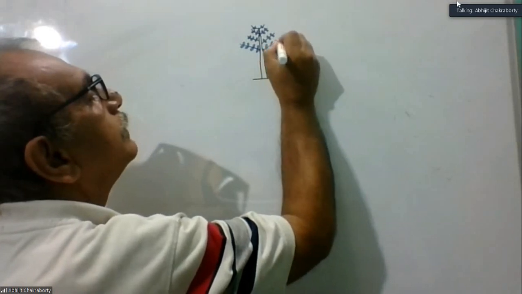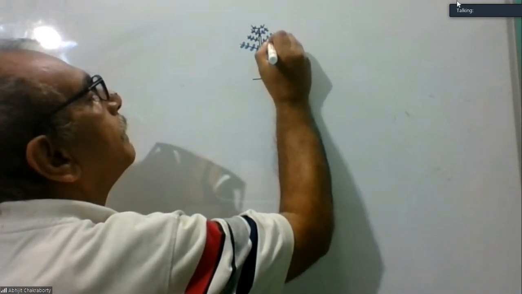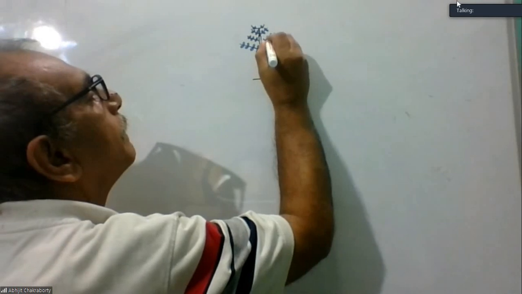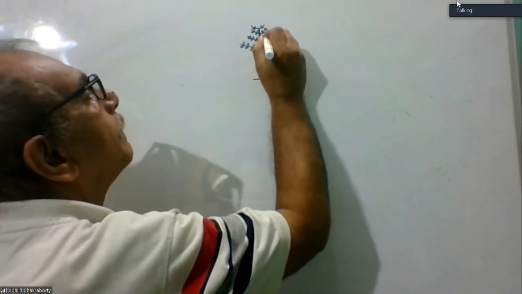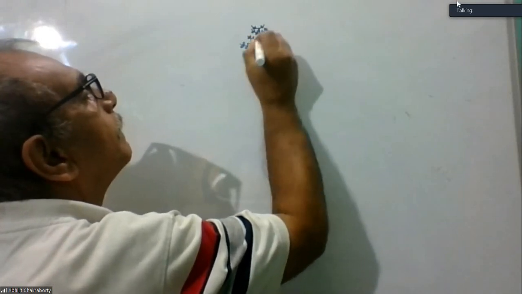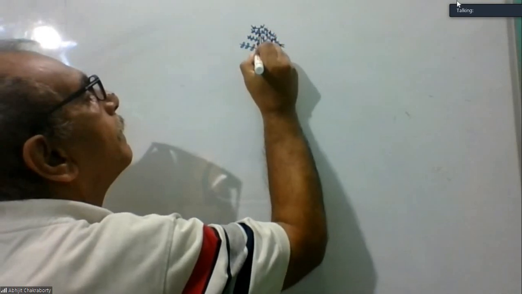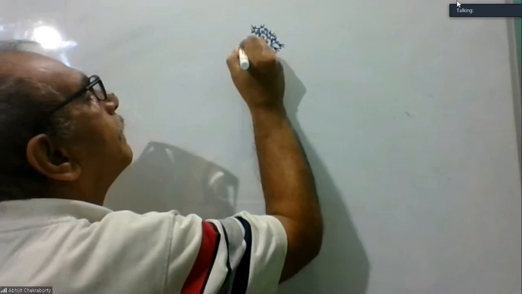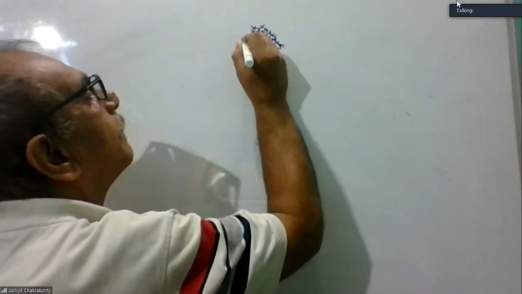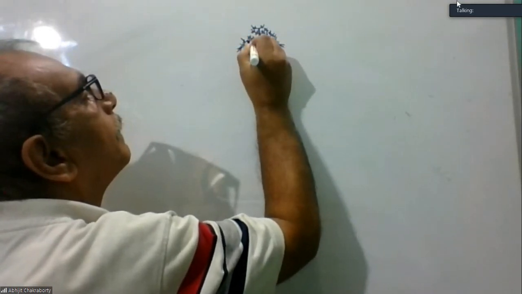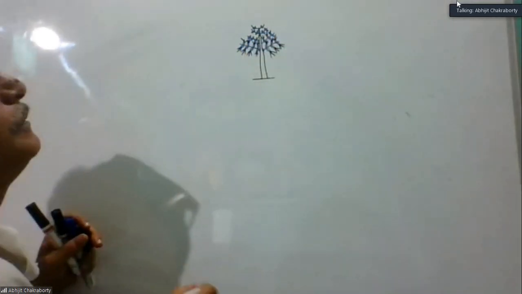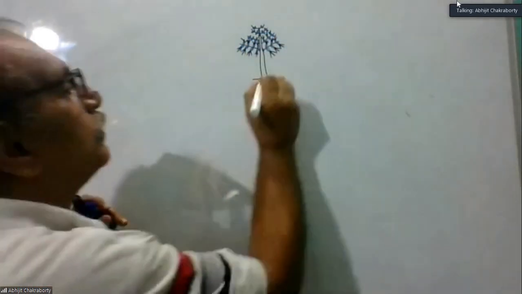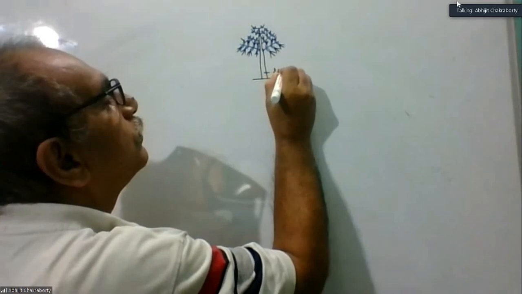These are the leaves. These are the leaves developed here. You can call it the long shoot.